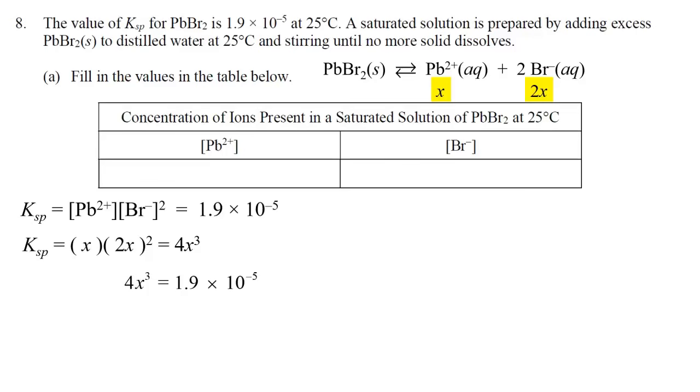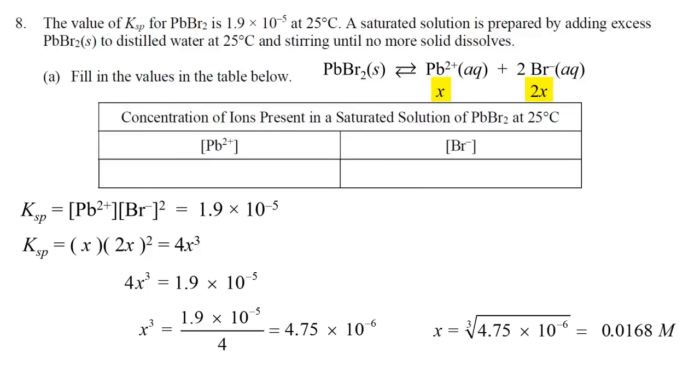So 1.9 times 10 to the negative 5 divided by 4 is equal to 4.75 times 10 to the negative 6. And if we take the cube root of that number, we get 0.0168, and that represents X, which is the concentration of the lead ion in this saturated solution. So 0.0168 moles per liter.